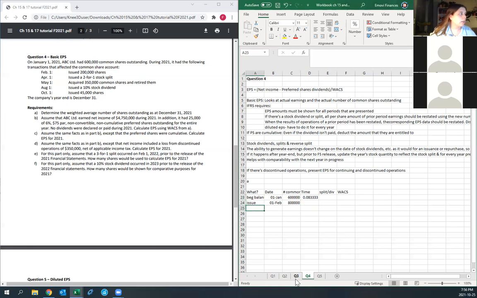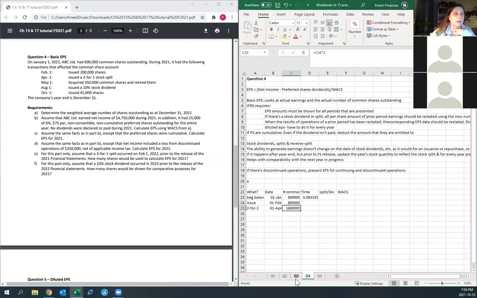And then on April 1st, they issued a 2-for-1 stock split. That means that each share gives you 2 shares. So they doubled the amount of shares that were in the books. The time, well, I'm going to do that after.